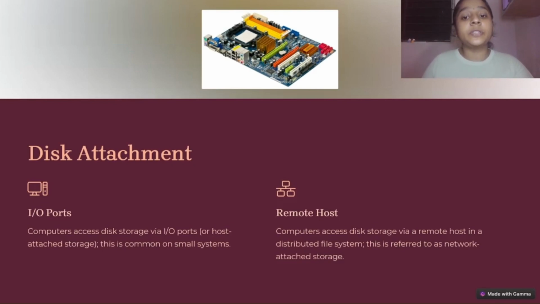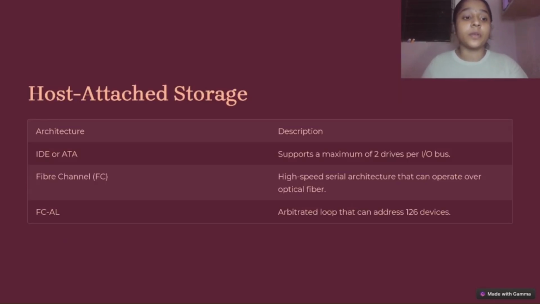Input output ports provide a direct connection between the computer and a disk, while network attached storage allows shared access to storage across the network. Both approaches have their advantages depending on the specific needs and setup of the computing environment.